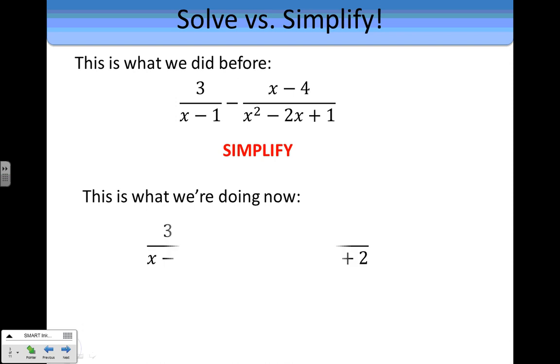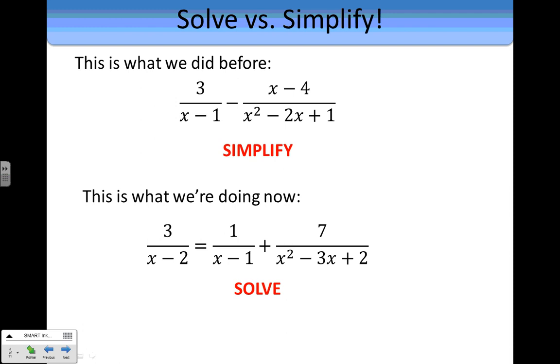This is what we're going to be doing now. I have one rational expression equals two rational expressions being added together. And in this case, we're going to solve. So simplify versus solving. What's the difference? How do we know the difference between simplifying and solving?